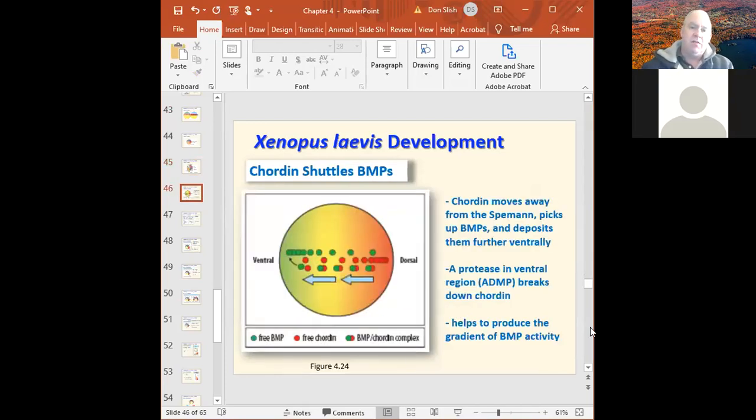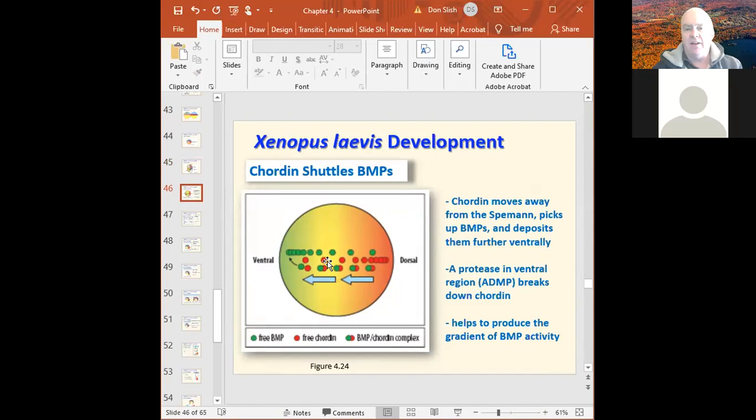And we also talked about another aspect of the blocker that is producing more of a gradient, and this is chordin, which is being produced in the Spemann organizer. And as it moves this way, it picks up BMP4, shuttles it down to the other side. And when it gets down here, the chordin is broken down by ADMP, and then it releases BMP here, which can then start moving this way again.